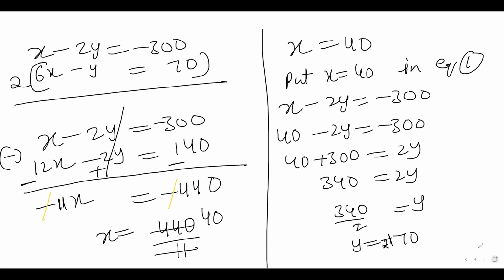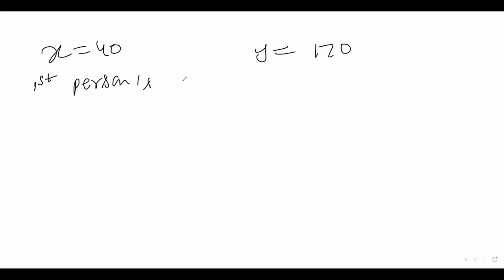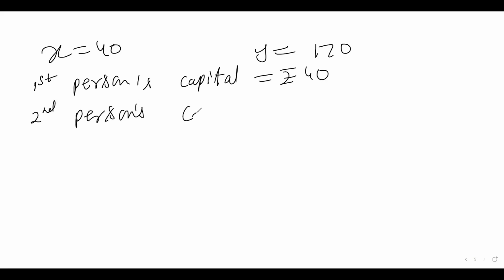Okay, so x is equal to 40, y is equal to 170. So first person's initial capital is rupees 40. Second person's initial capital is rupees 170.